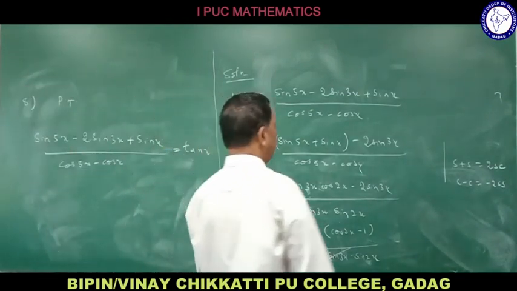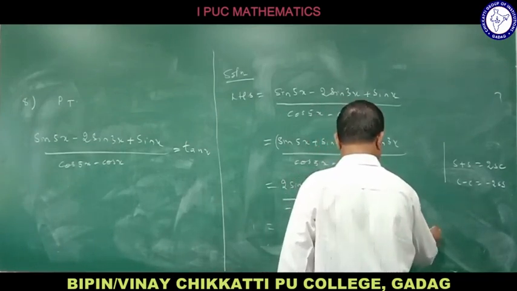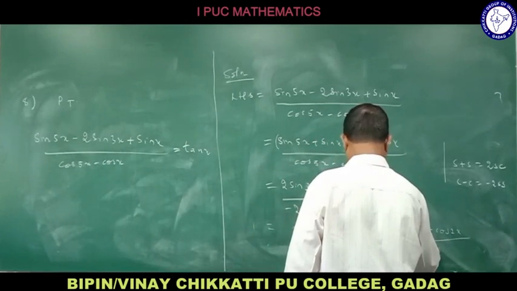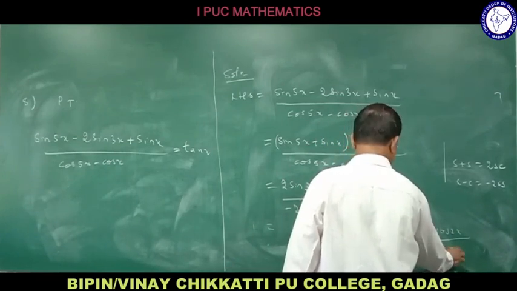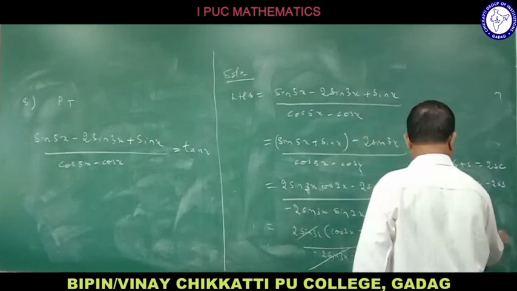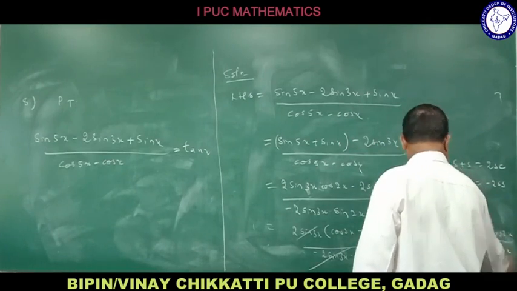If I take the minus out, 1 minus cos 2x divided by minus sin 2x, so minus minus is plus, and we get 1 minus cos 2x divided by sin 2x.